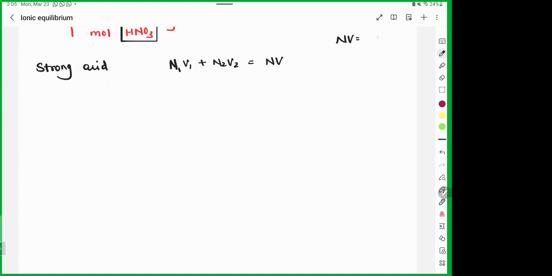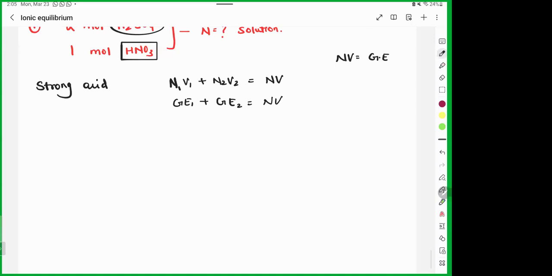Normality into volume is equal to gram equivalent. So can we say gram equivalent of first plus gram equivalent of second will be equal to NV? Any doubt? How to calculate gram equivalent of H2SO4?